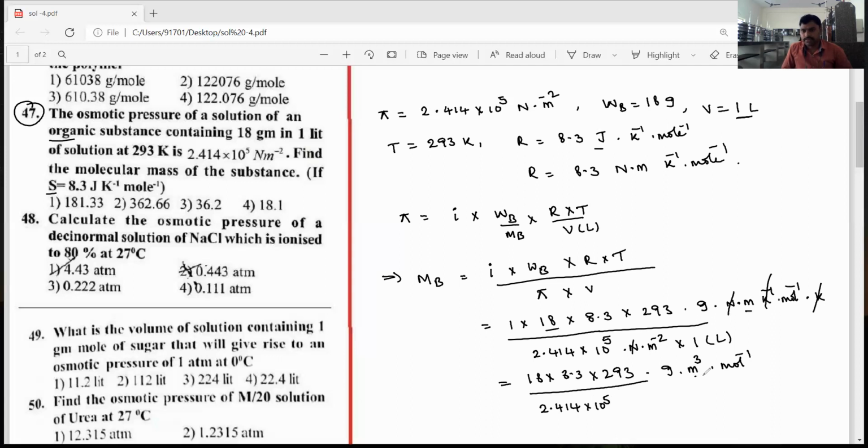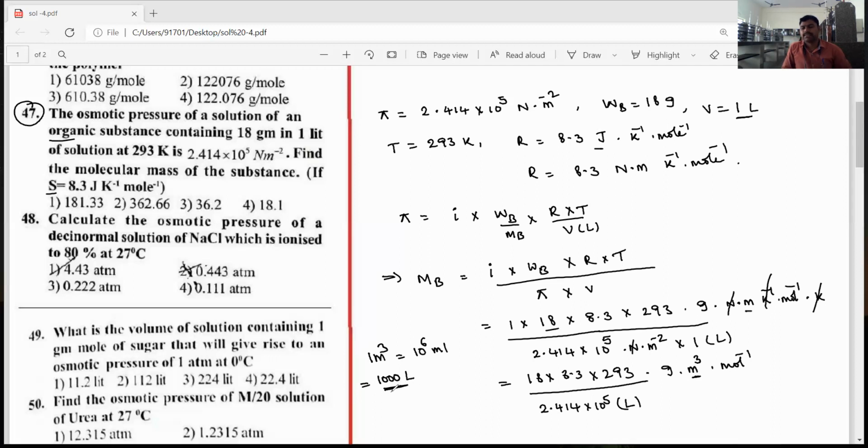Okay, dear students, we already know that 1 meter cube is nothing but 1000 liters, which is 10 to the power of 6 ml.